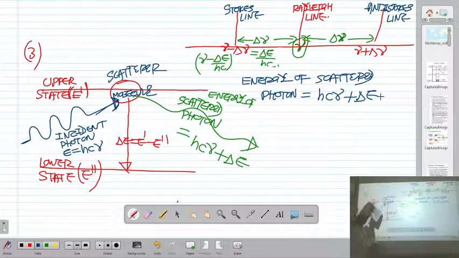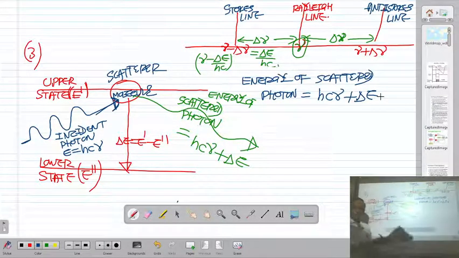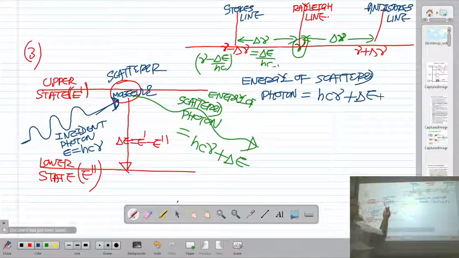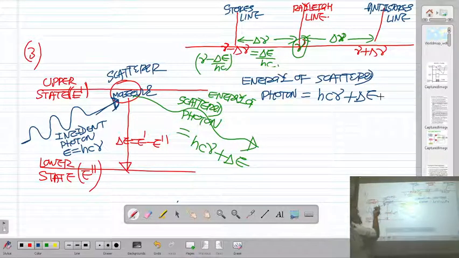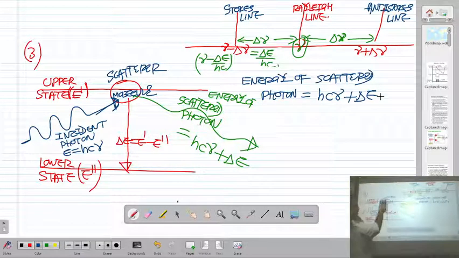In the previous case, the photon was losing the energy delta E, right? In this case, the incident light photon having energy hν, when it collides with the scattered molecule in the upper state, will absorb the energy delta E, which is equal to the difference of the two energies, E dash minus E double dash.